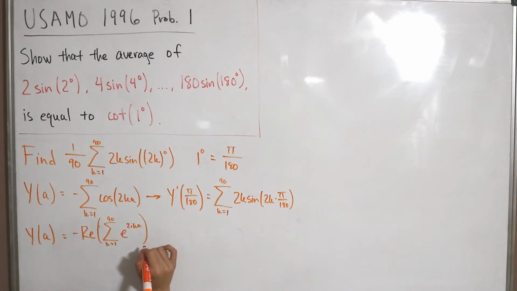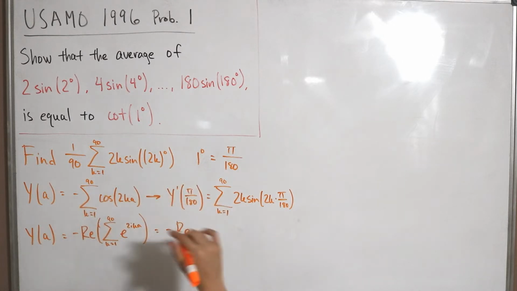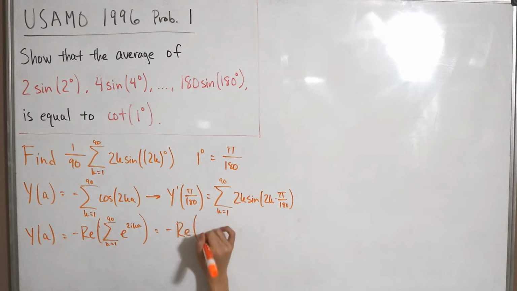Now inside I'll factor out e to the power 2ia, but that also adjusts the indexes; it decrements by 1. I don't know if that's actually a real word, but it's okay.